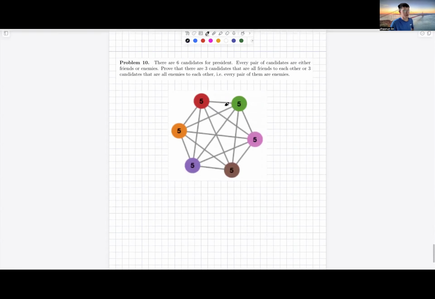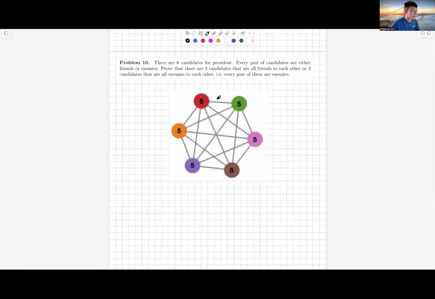So now let's move to problem 10. There are 6 candidates for president, and every pair of them are either friends or enemies. So we have to prove that 3 candidates are all friends to each other, or they're all enemies to each other. So there's a mutual relationship between a pair of candidates, and it is either friend or enemy.